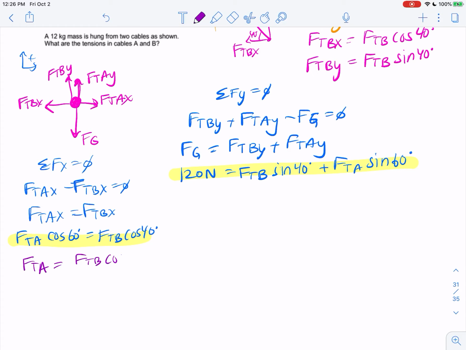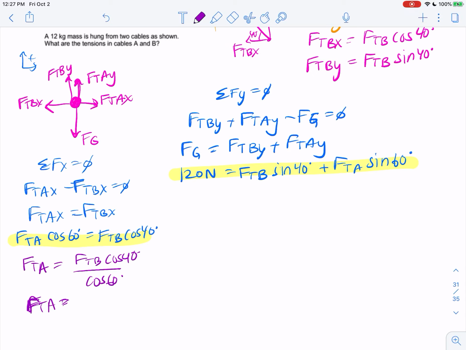It doesn't matter which one you do. And then I'm going to get some numbers for these angles so that when I substitute it in, it's not quite so ugly. So I'm going to have cosine 60 divided by cosine 40. Nope, that would suck. Cosine 40 divided by cosine 60.